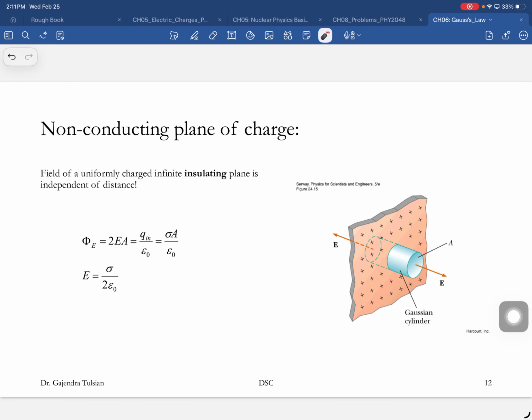All right, so what we're saying is the electric field from a uniform infinite sheet is sigma by 2 epsilon naught in this half of the universe, and it's sigma by 2 epsilon naught in this half of the universe.